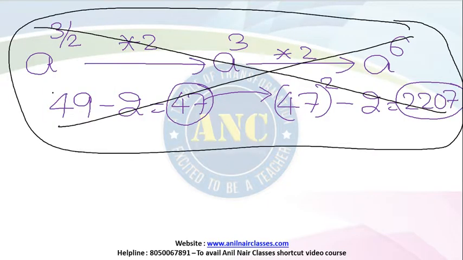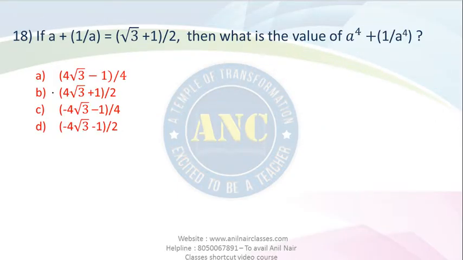Next, question number 18. Now, see here. Every possible variety I want to touch upon, sir. Now, a plus 1 by a is equal to something, and that something is not just a whole number, it's a rational number this time. A power 4 plus 1 by a power 4. Now, in my previous questions, I told you that right hand side, take it, square it, subtract from 2.